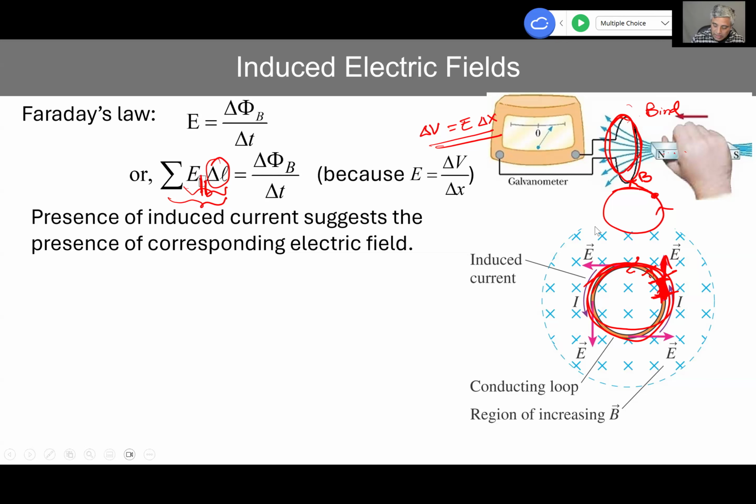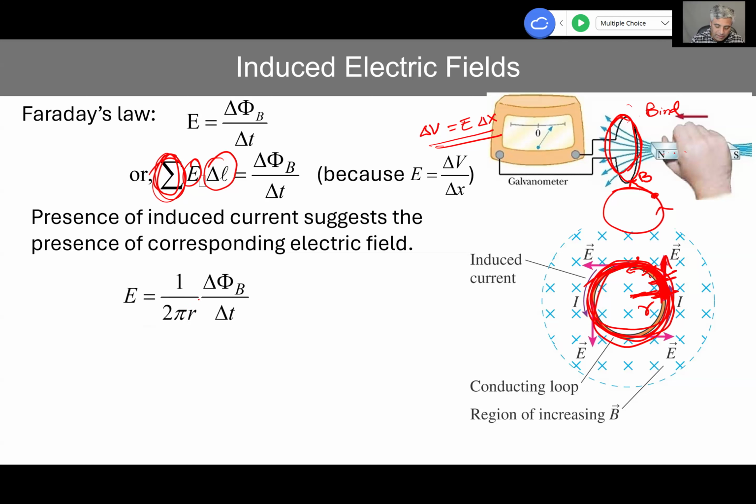Now, this being a circle, the direction of the electric field is changing, but the value is not changing. So we are basically summing the length here. That means the length of this wire is the same as the circumference of this coil. So we can write that in terms of circumference. I kept the E over here, the electric field.